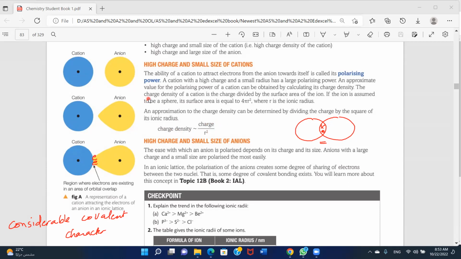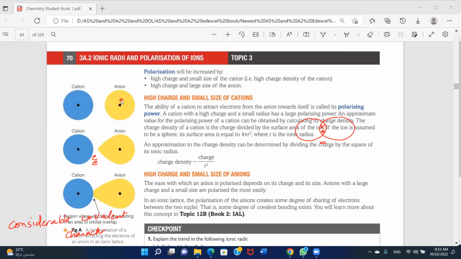And on the opposite, if the anion has a high charge and a big size, it will also be more polarized towards the positive ion. It will be more attracted towards the positive ion, and this will cause a considerable covalent character in the ionic compounds.